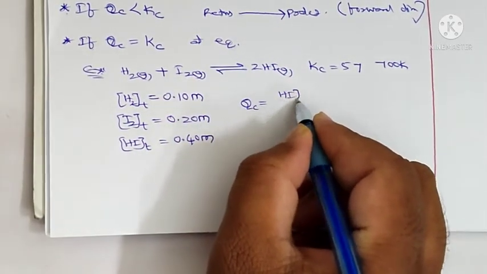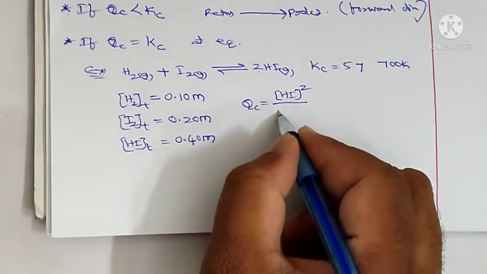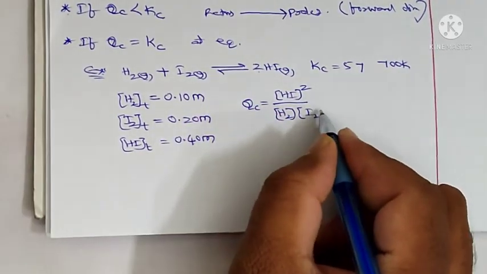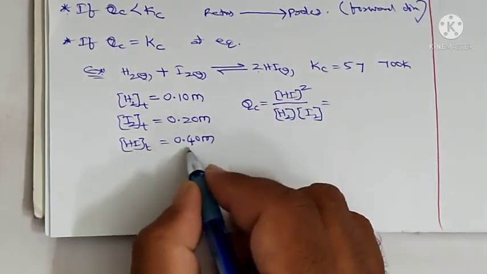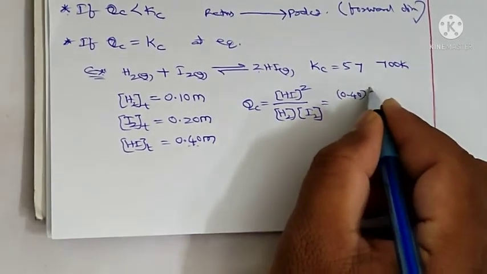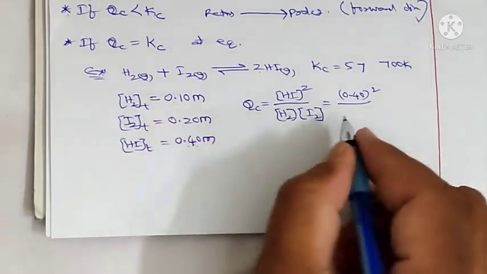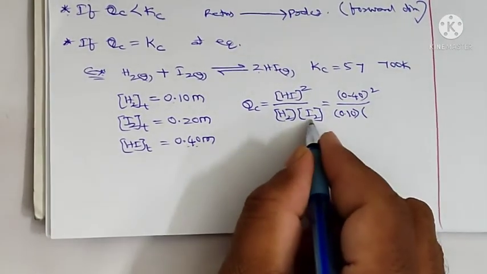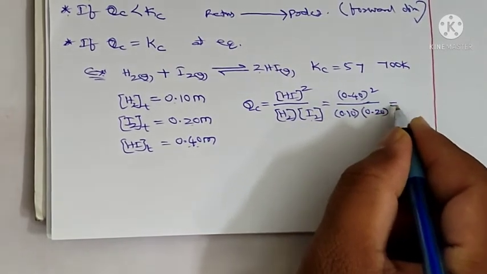So HI concentration squared divided by H2 concentration times I2 concentration: 0.40 squared divided by 0.10 times 0.20.